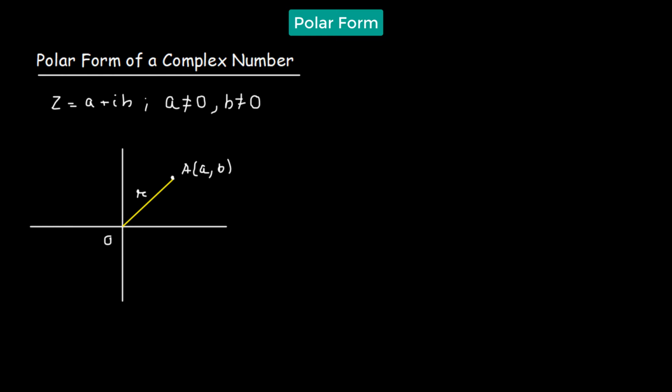Then we look at the other parameter, which is the angle that the radius makes with the positive direction of the x-axis. This is the angle theta. So given a complex number z, a plus ib, we are going to express it in the polar form. Polar form means we are going to write it in terms of the radius r and the angle theta that it makes with the positive direction of the x-axis.